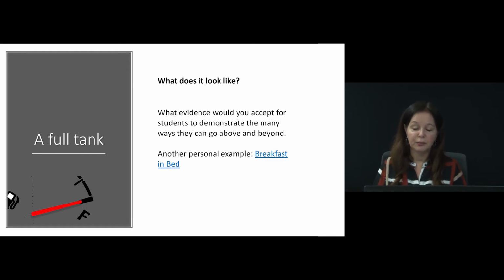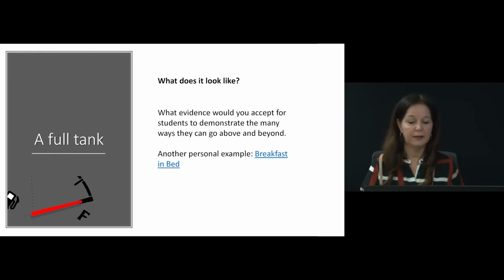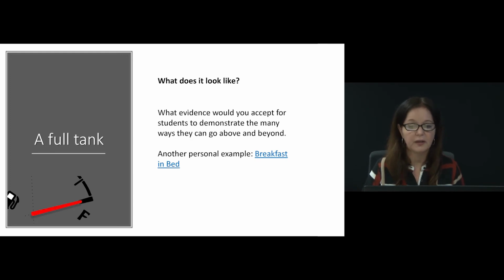And I wanted to bring an example of what that rubric looks like and explain what it would look like to me to go above and beyond. So the example this person uses is called breakfast in bed. The person who created this example rubric is Jennifer Gonzalez.